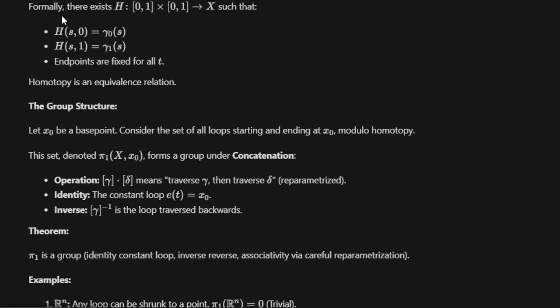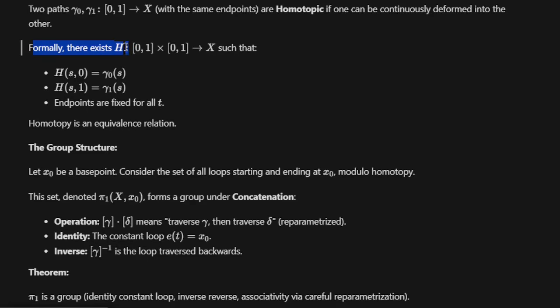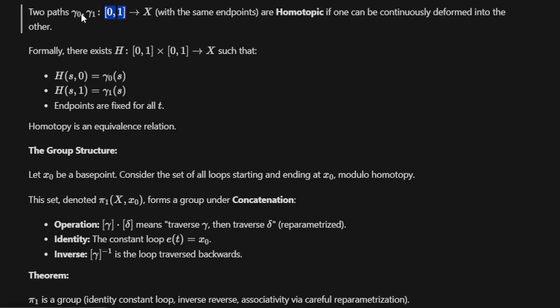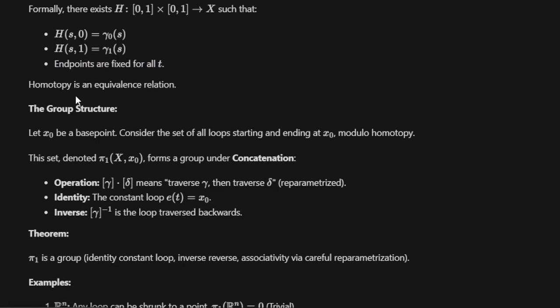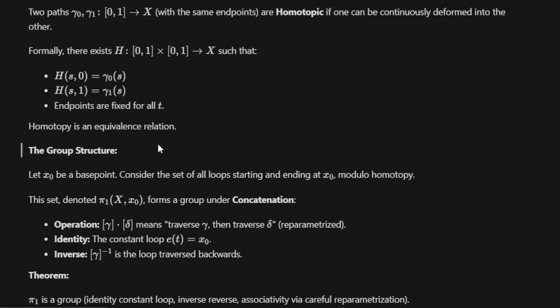Formally, there exists a map H for these two gammas onto the topological space, such that for a parameter t from 0 to 1 and an s parameter that goes to 1, these are endpoints for all fixed t. Homotopy is an equivalence relation.